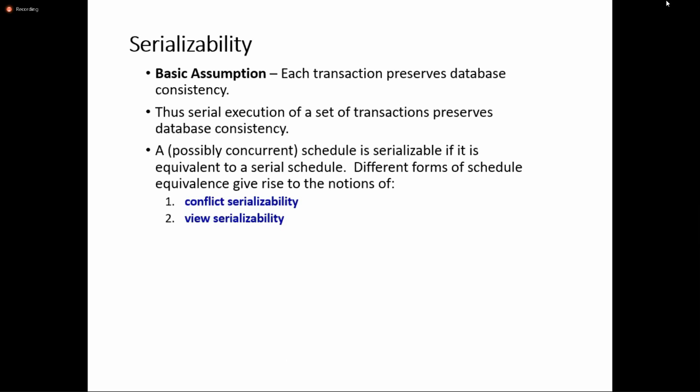Thus serial execution of a set of transactions preserves database consistency. A possible concurrent schedule is serializable if it is equivalent to a serial schedule. Different forms of schedule equivalence give rise to the notions of conflict serializability and view serializability.